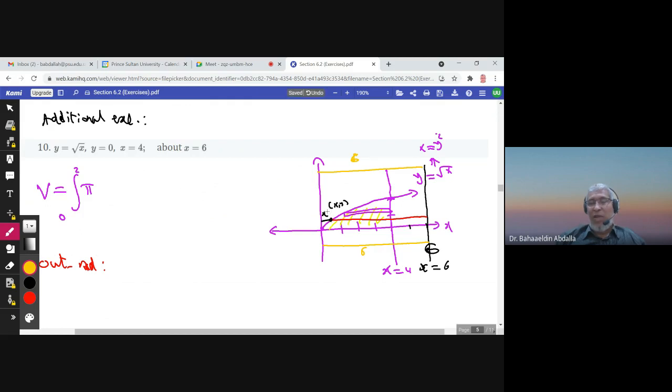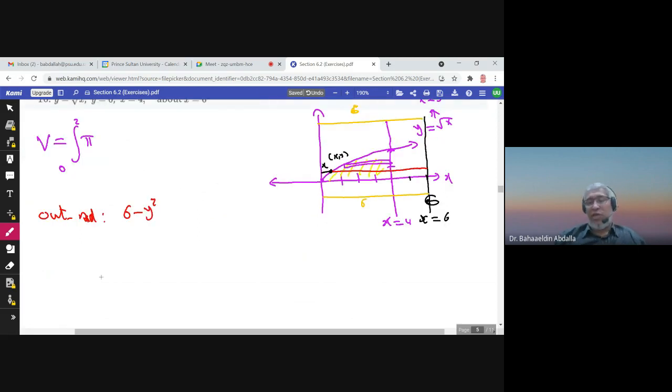And the small black distance is x equals y squared. So you can figure out now that the length of the red line segment is just 6 minus x or y squared. So this is the outer radius. Just do it like this, okay? It would be easy with you.